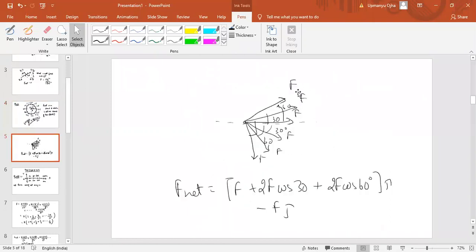Again you will get the net force magnitude as 6K by A squared. Similarly, this will again come as 6K by A squared. All the net force magnitudes will be the same. Then we need to find the component along the x-axis and then find the net force. I hope you have cleared this doubt.